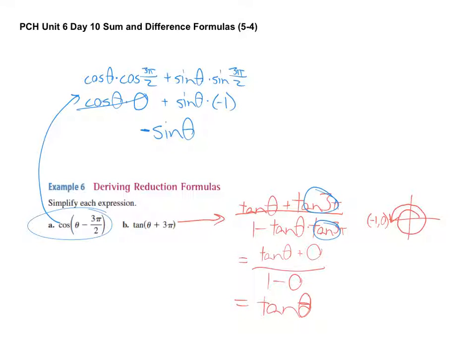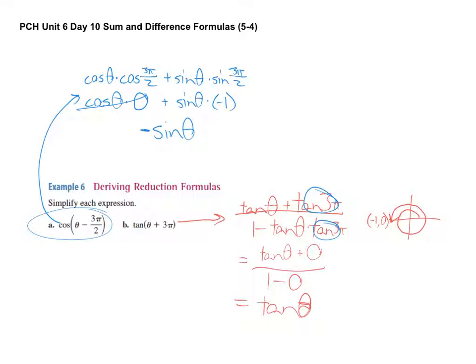Now, real quickly here, do you guys remember the graph of tangent at all? It had those asymptotes. Do you remember the period of tangent? The period of tangent is pi. We actually just showed that here.